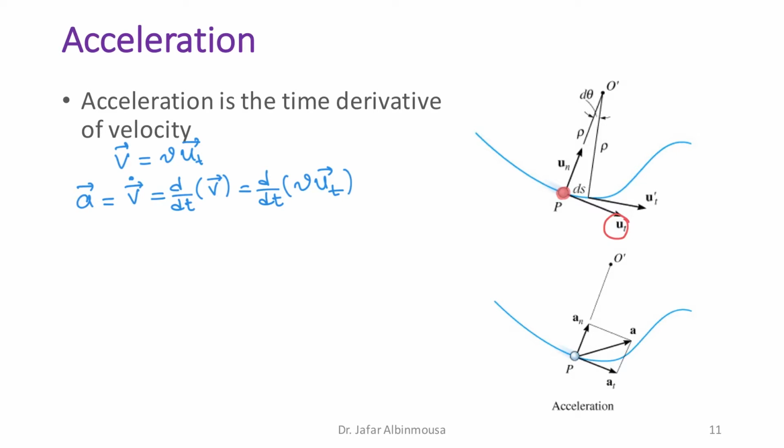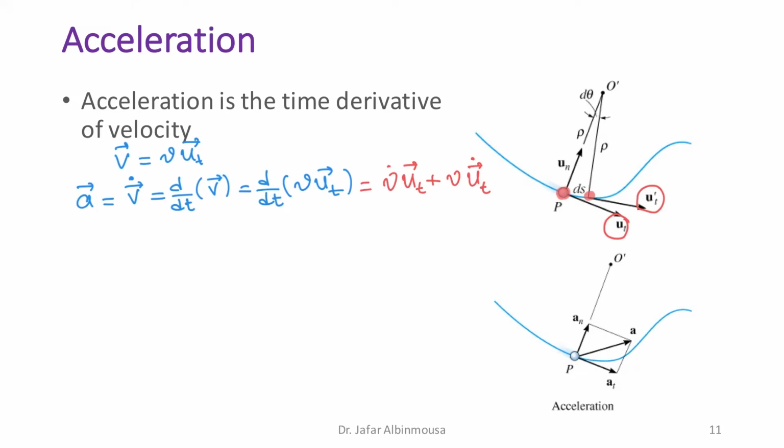But when the particle moves to this point, as you see, it has a different tangent. For that, we can't take the derivative only for the magnitude. We have to take the time derivative of the magnitude and the time derivative of the direction. And this equation will be v dot ut plus v ut dot.